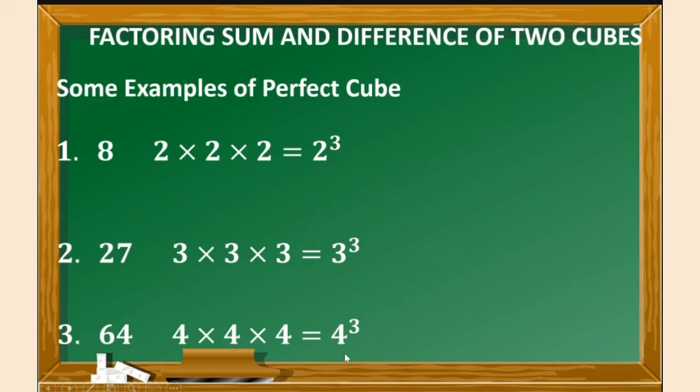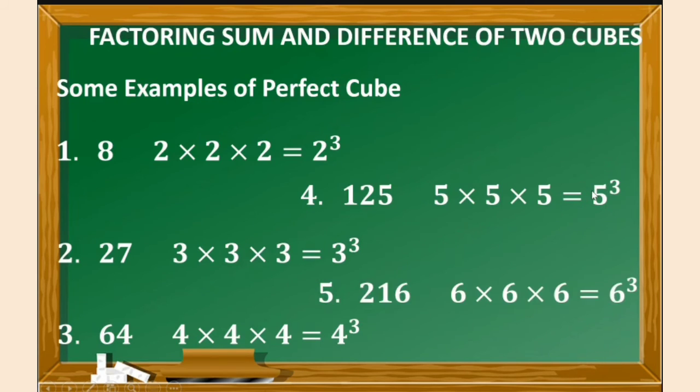Another example, 125. 125 is a perfect cube of 5. And 216 is a perfect cube of 6. So, marami pang ibang numbers na merong perfect cube. So, explore na lang natin. But this is the possible numbers.